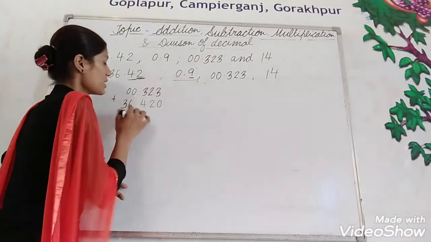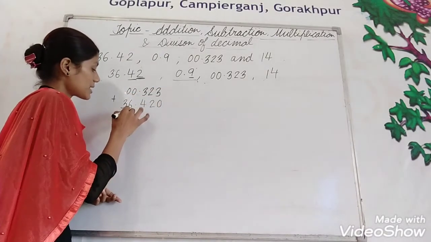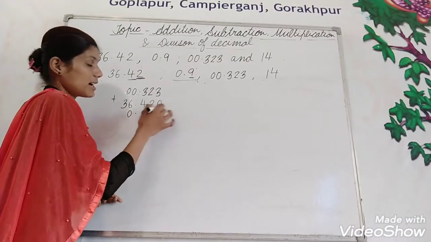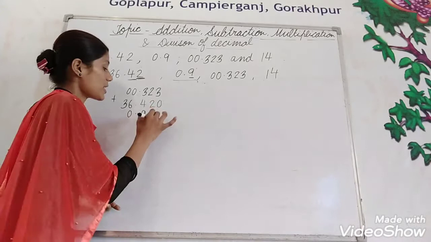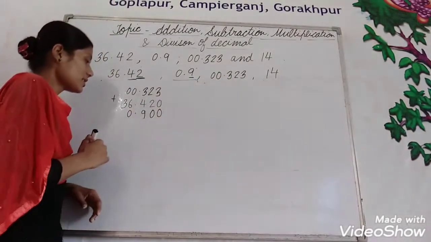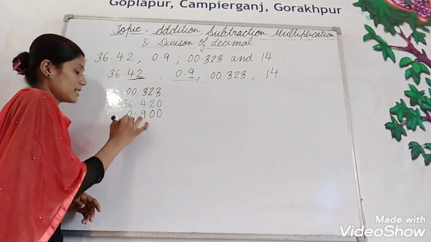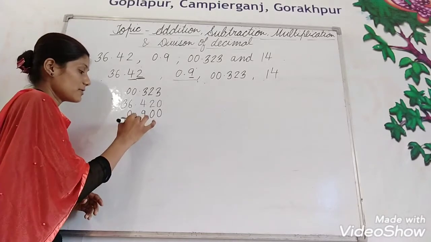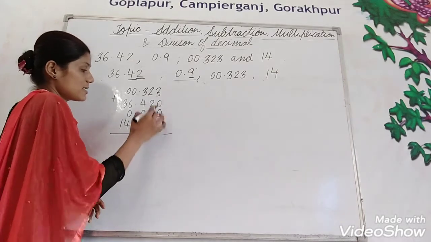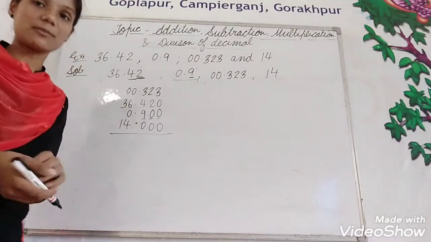After that, the last number is 14. After 14 we put a decimal point and write 3 digits, so 14.000. Clear?